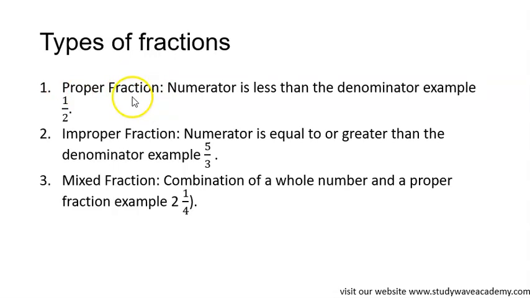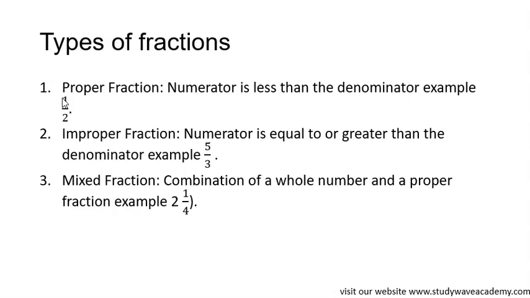Remember, the numerator is the up number and the denominator is the down number. So the numerator is less than the denominator. We have here 1 over 2. 1 is less than 2, right? 2 is greater. So in a proper fraction, the numerator is smaller than the denominator. Do you understand?